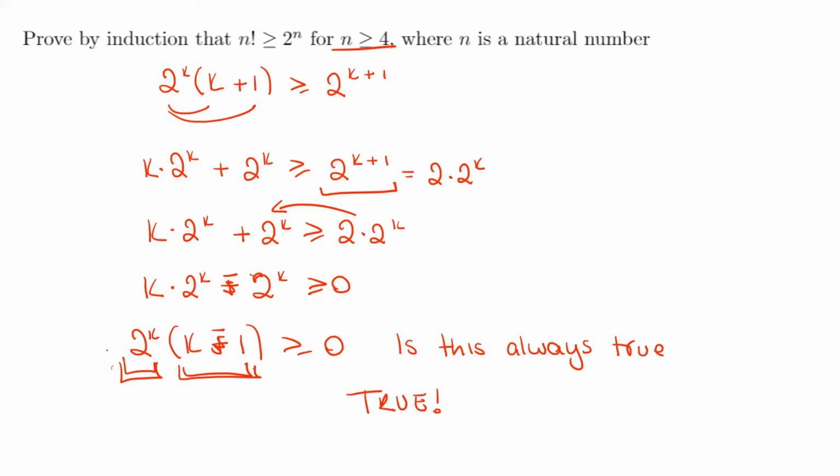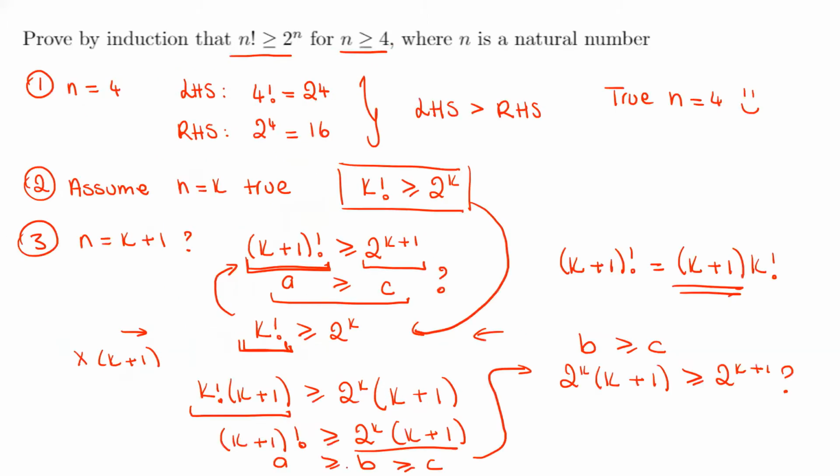So in that case, if we know that this is true, then b must be greater than or equal to c. But if b is greater than or equal to c, then we know that a must be greater than or equal to c from down here. And if a is greater than or equal to c, what we did was we just proved that it was true for n equal to k plus 1.